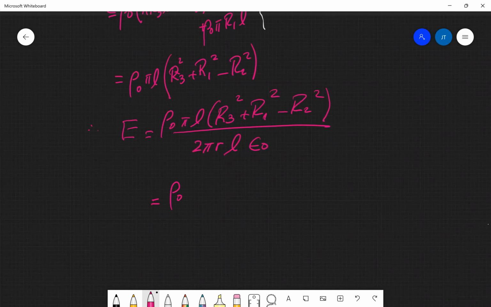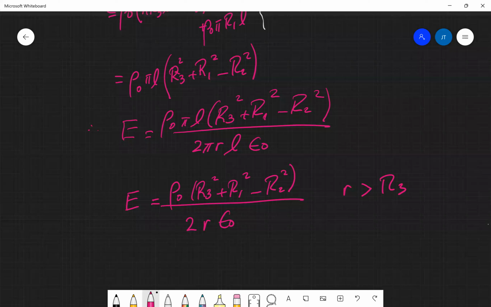The electric field outside, for r greater than R3, goes as 1 over r, because as we make our Gaussian surface bigger and bigger, in other words, as we move farther away from this coax, the electric field is going to diminish because there's only so much charge on there.